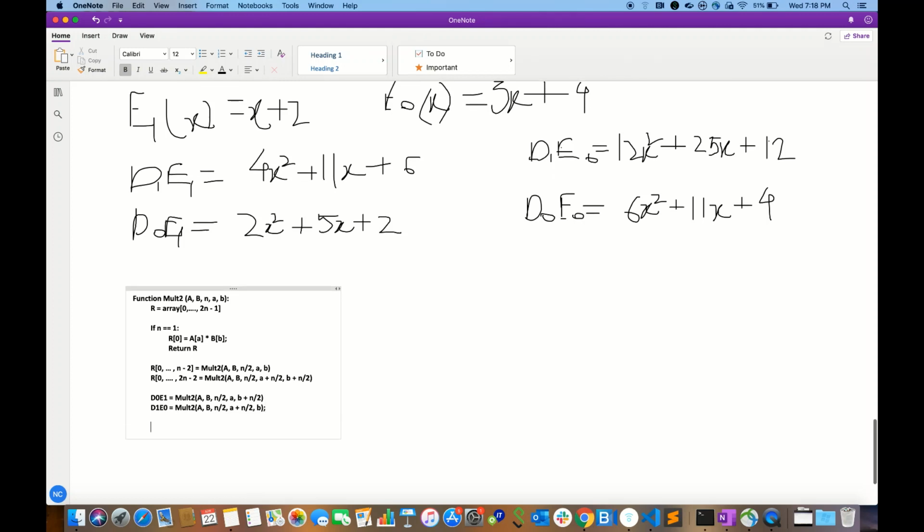And now we will calculate the r from n by 2 to n plus n by 2 minus 2, so plus equals d1e0 plus d0e1.